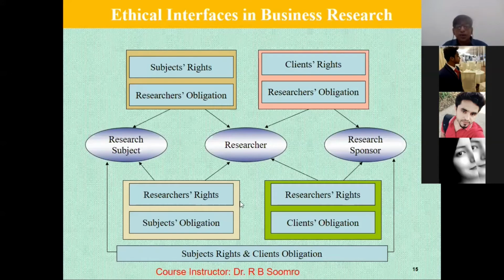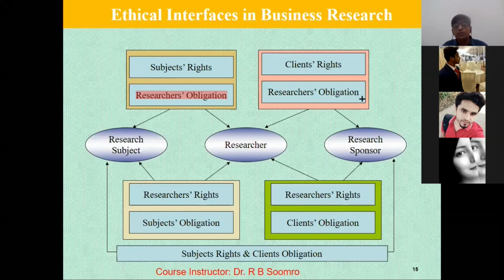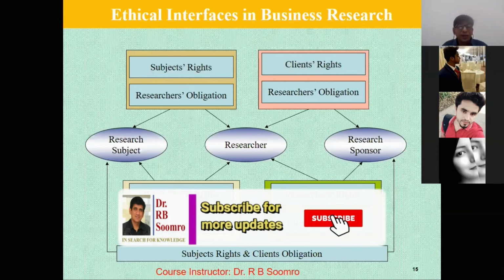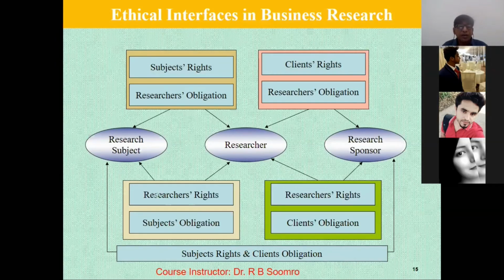Okay, so continuing our discussion: you know that there are the subject's rights. Now the researcher's obligations are also there. For both the research subject's rights as well as the client's rights, being a researcher, we are responsible to fulfill and complete their rights. Similarly, the researcher also has some rights.